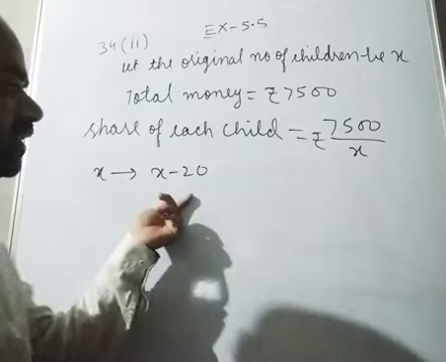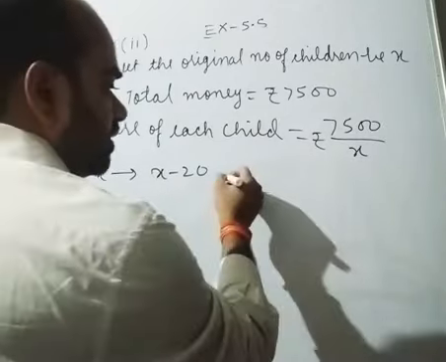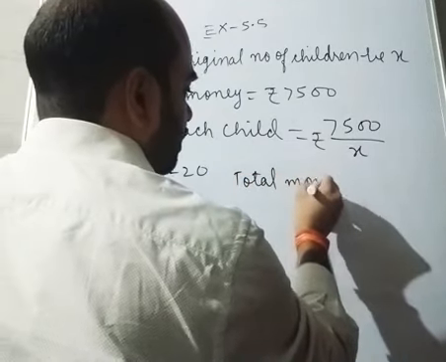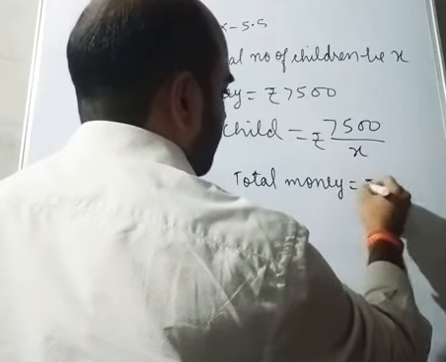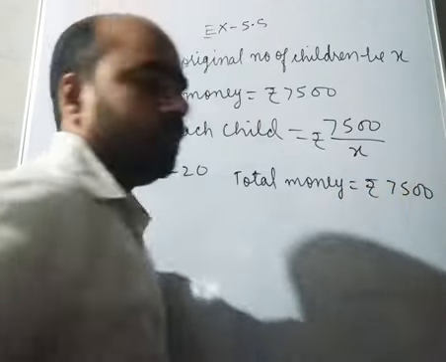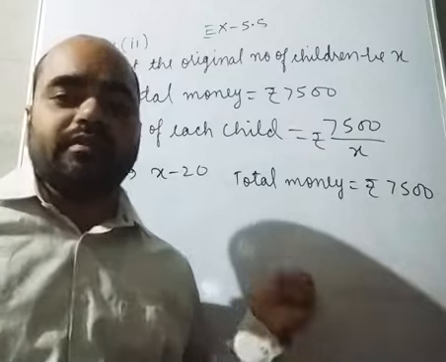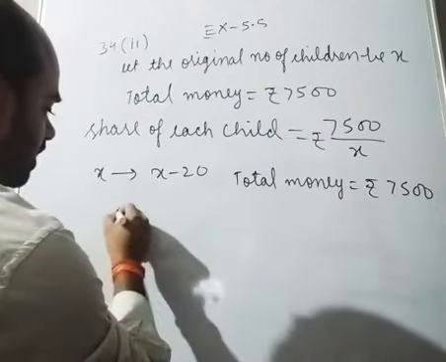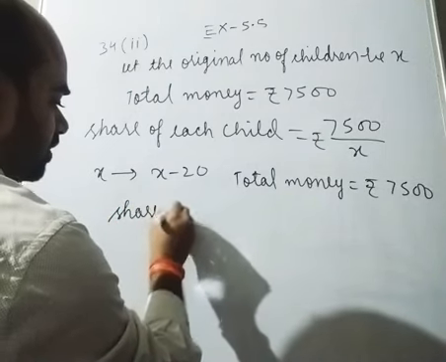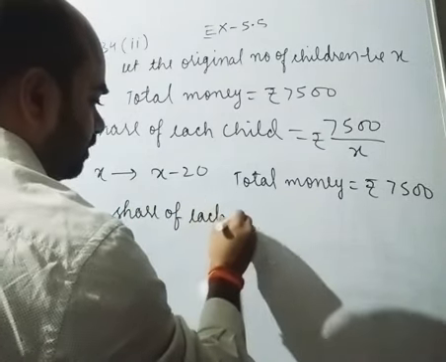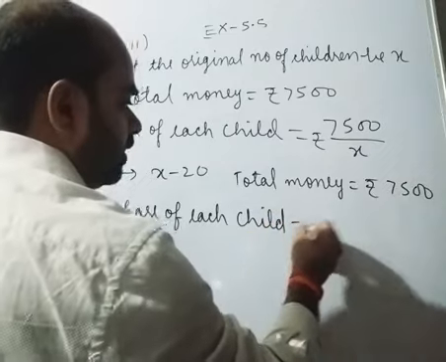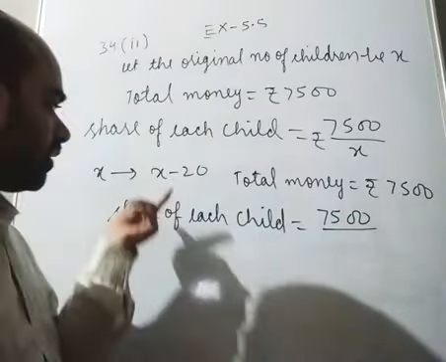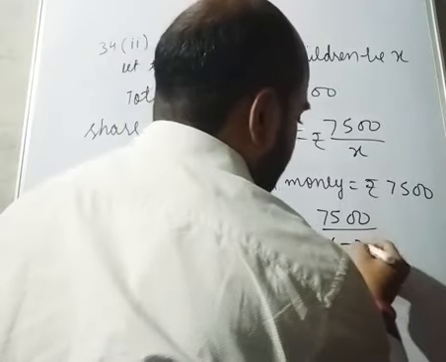If x was x minus 20, but the total money is the same, 7500, then what is the share of each child? The formula is the same: total money divided by total number of students. Now total number of students is x minus 20.